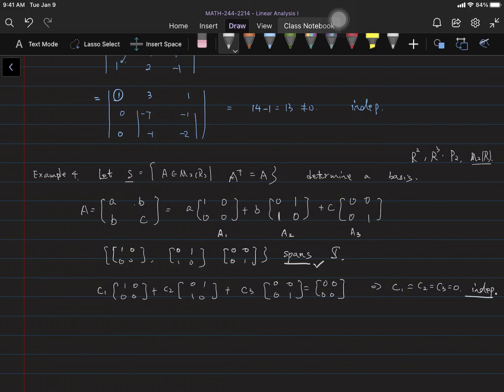Span and independent, so this is the basis. So the basis is [1 0; 0 0], [0 1; 1 0] and [0 0; 0 1]. And then if I ask you more, like what's the dimension? 3, right?